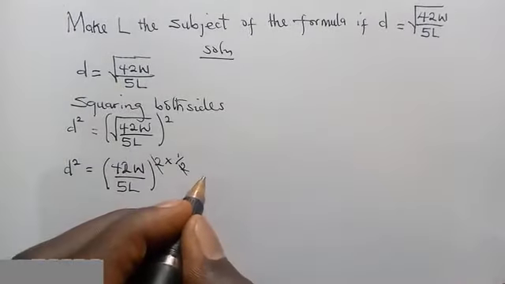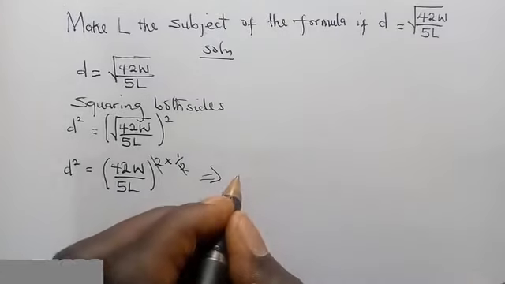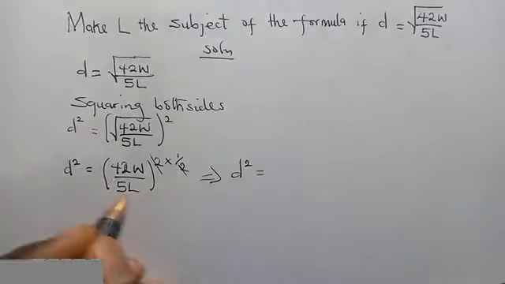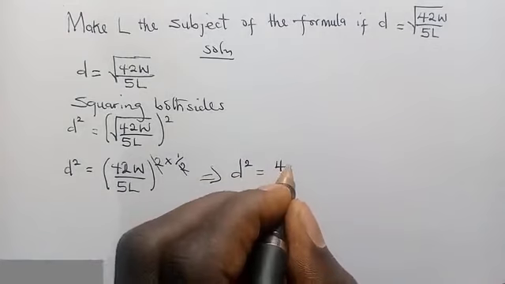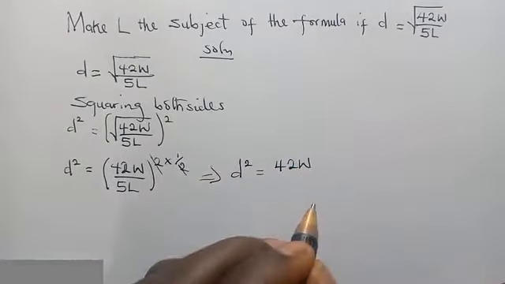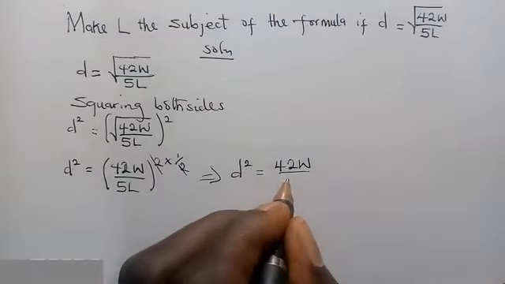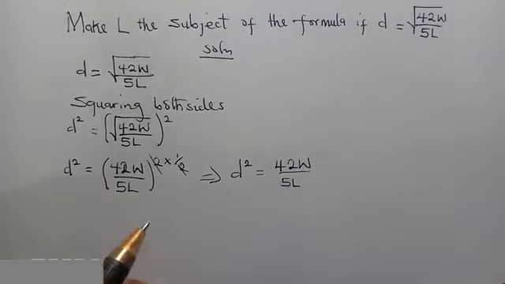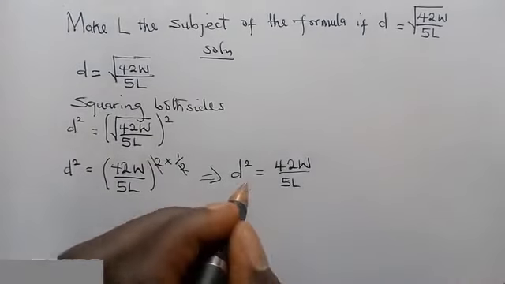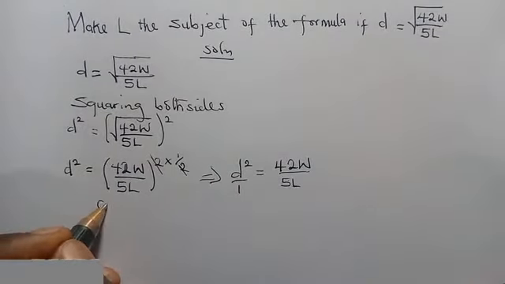And this implies that D square is equal to 42W over 5L. At this point, we are going to cross multiply.